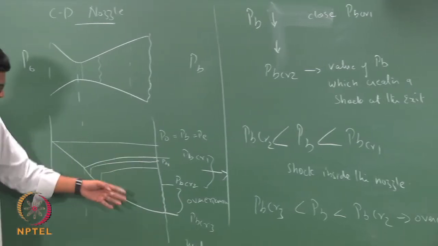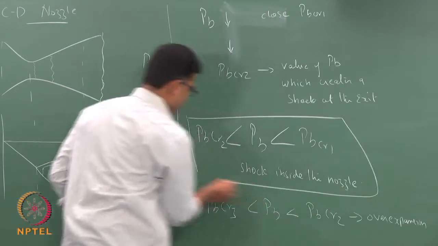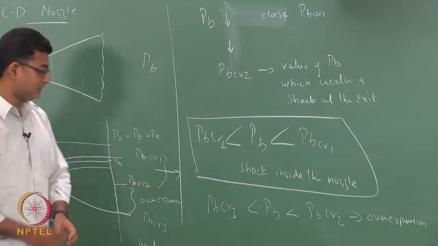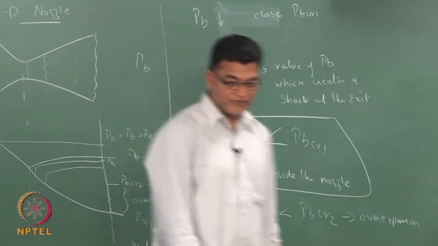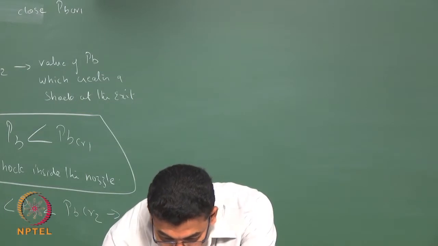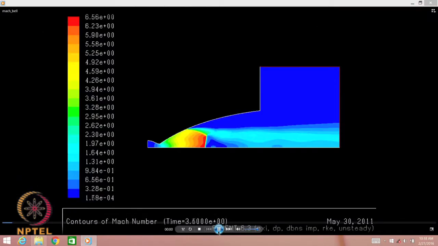Okay. This non-isentropic case where my PB value is between PB critical 1 and PB critical 2. So, this is what we are going to discuss today. I would revisit the movie which we had shown a few classes back. This is the case where the PB is getting reduced and your PB is between P critical 1 and P critical 2.